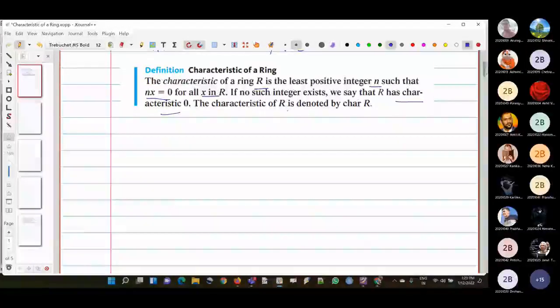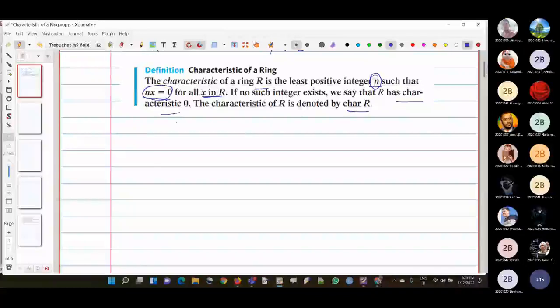The characteristic of R is denoted by char(R). Because we are searching for the least positive integer n which satisfies this property, and this should be true for all x, certainly this n is going to be unique.